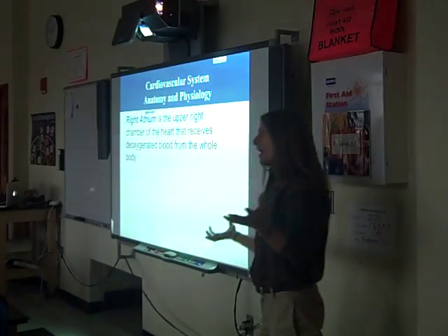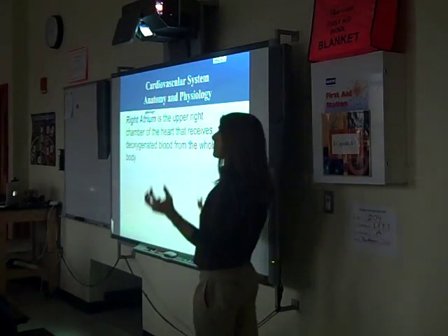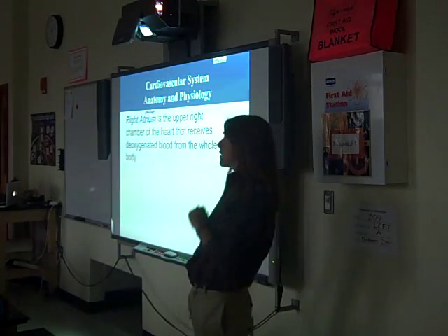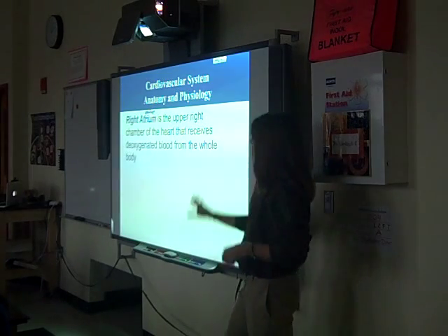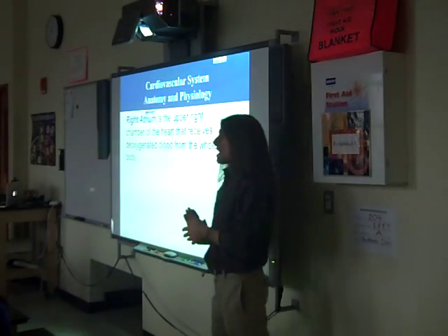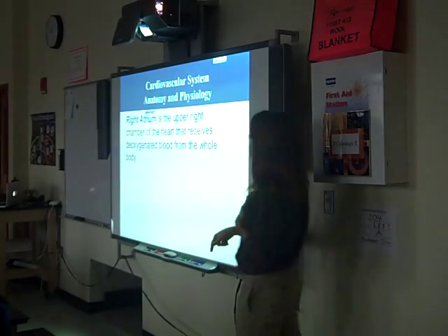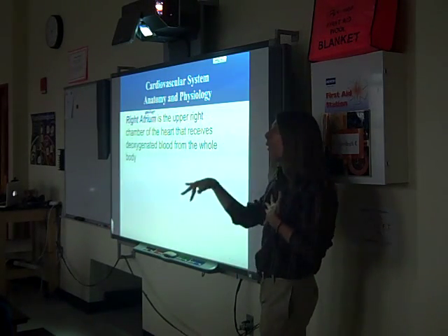Right, so we're saying all the veins in the body ultimately gather and connect to the atrium through a tube called the vena cava, which we'll look at in our dissection today. And this is in the upper right chamber of the heart. And note that it receives deoxygenated blood from the whole body.